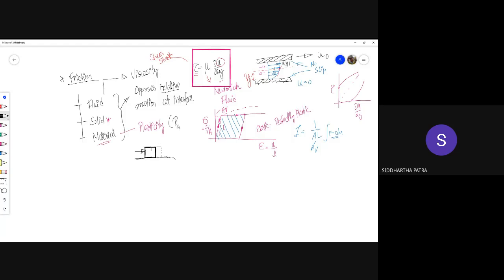Plasticity can be rate independent. That means it doesn't depend on at which rate you are applying this displacement or strain right here, or it could be rate dependent, and when it is rate dependent, it is often called viscoplasticity. You see, viscosity plus plasticity.